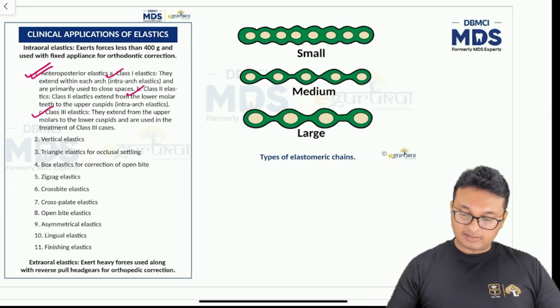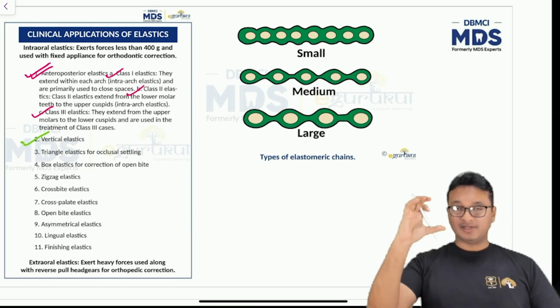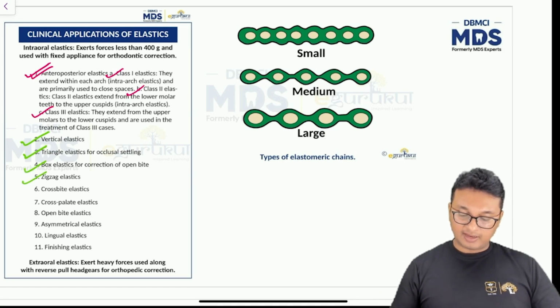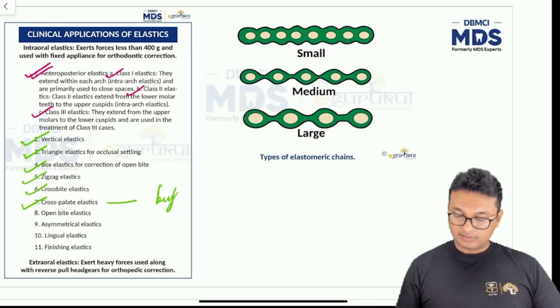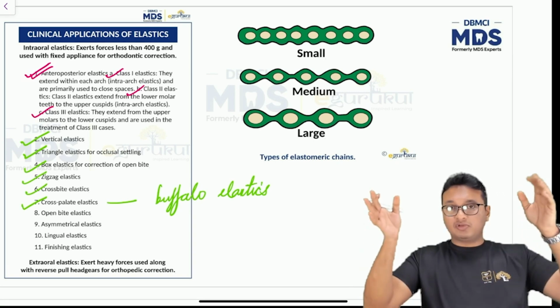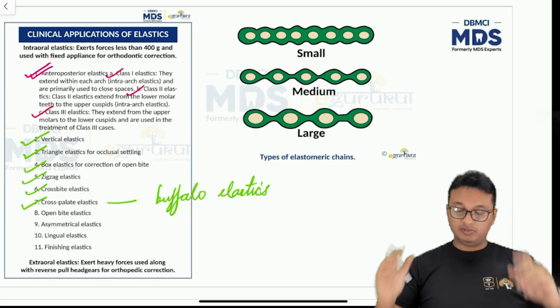So the elastics can be put in a vertical manner to correct the open bite, that is box elastics can be used. Then we can use it in the form of triangle, then zigzag, cross bite, cross palate. Cross palate elastics are also known as buffalo elastics, which can be used to correct the scissor bite in the molar region.